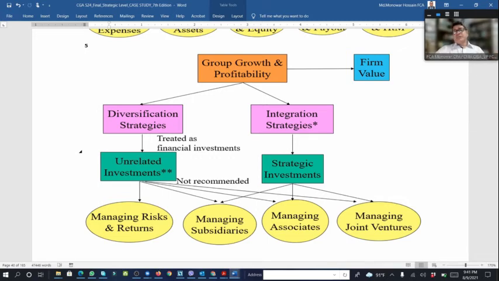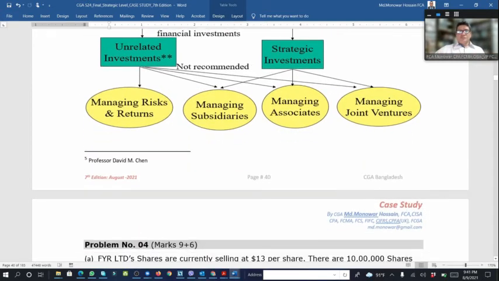This way the firm value can increase. Managing associates, joint ventures, and subsidiaries is the strategic investment within the organization. Together, strategic investment and diversification strategy help to grow the firm value.